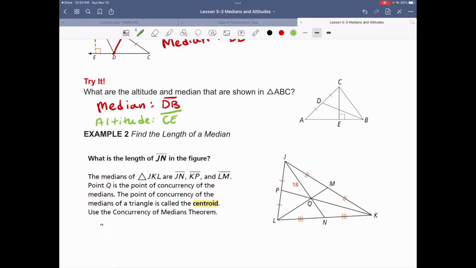For example 2, find the length of a median. What is the length of JN in the figure? So I'm going to highlight that so you can see it, J to N. And they're telling us that the medians of JKL are JN, KP, and LM.